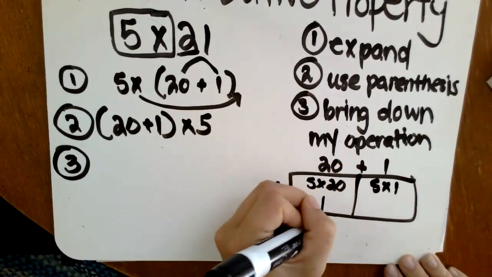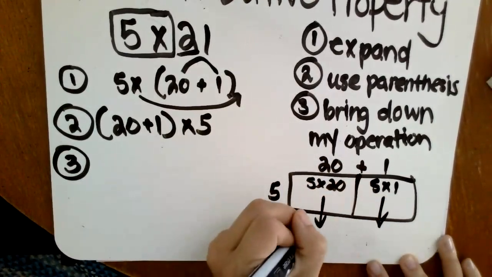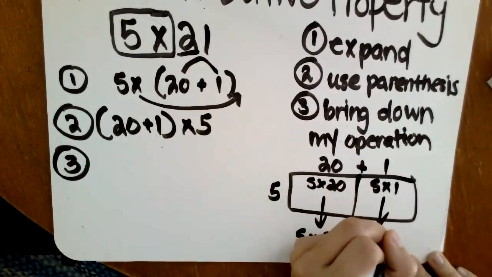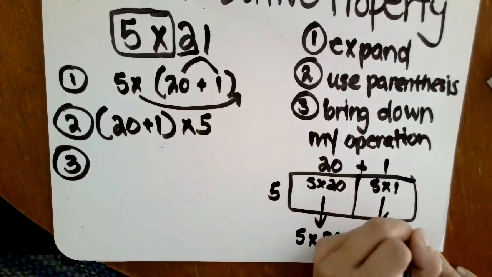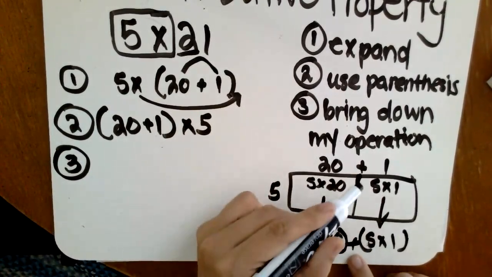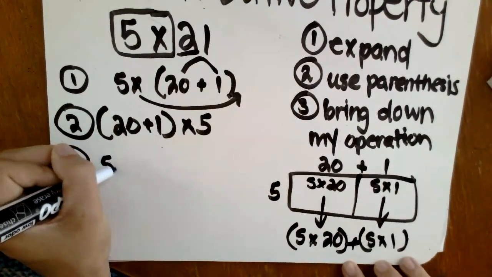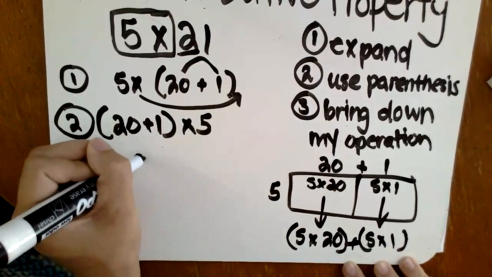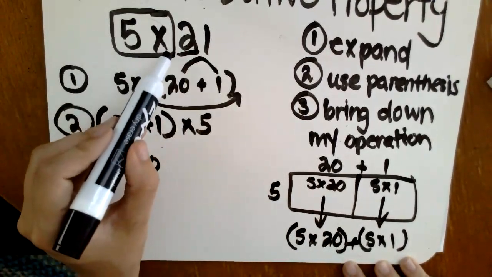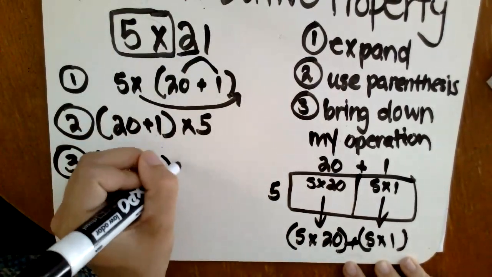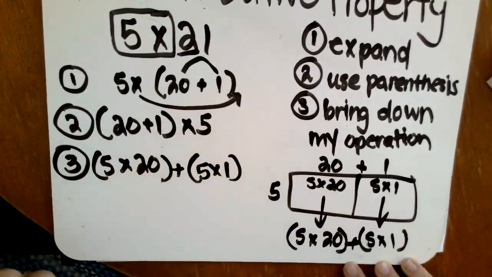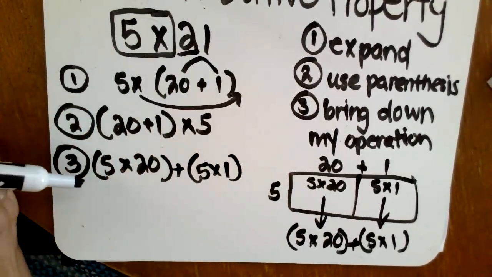And all I'm going to do is bring them down to get 5 times 20 and 5 times 1. But remember, we have to add those parentheses with our operation sign. So this is another way to represent distributive property of 5 multiplied by 21. And there you have it, 3 different ways.